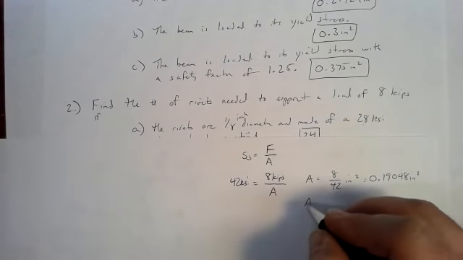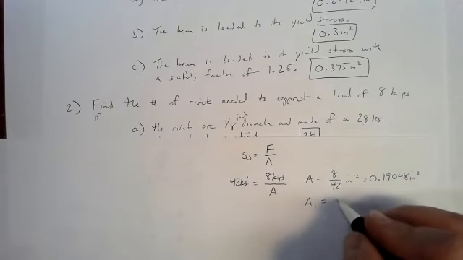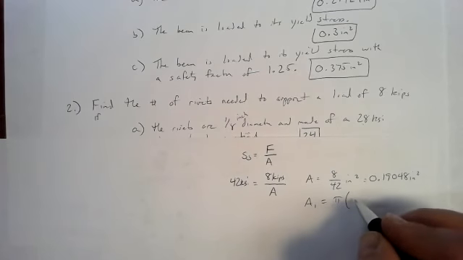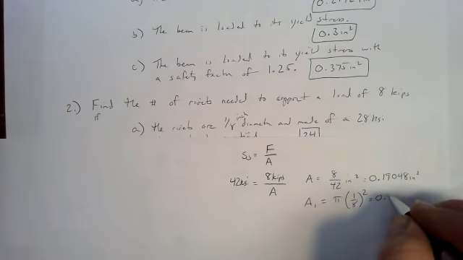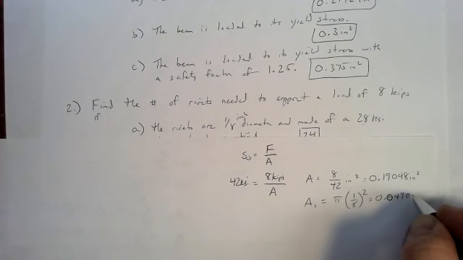Now the area of one 1/4-inch diameter rivet is pi times the radius squared. The radius of a 1/4-inch rivet is 1/8 inch. So we'll square that and multiply by pi. And we get 0.049087 square inches.